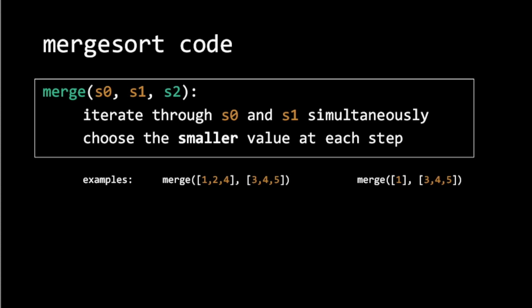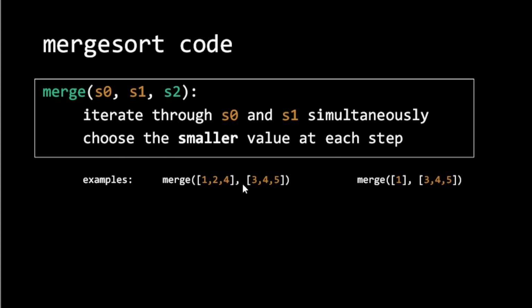We can just kind of write a function that actually does this, and then we can build our implementation off of this function. So the idea is going to be to take in, once again, these sorted S0 and S1 and output a sorted S2. So here I just have the output listed as a parameter, but I colored it differently to make that clear. But the idea is pretty simple. The idea is to iterate through S0 and S1 simultaneously, and at each step, just choose the smaller value.